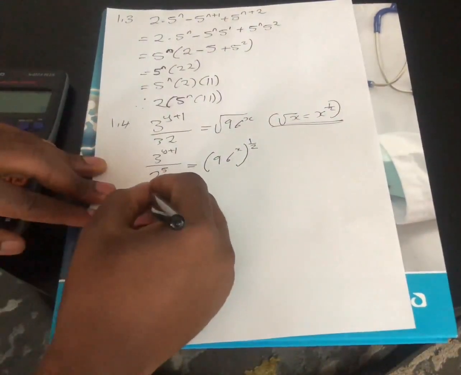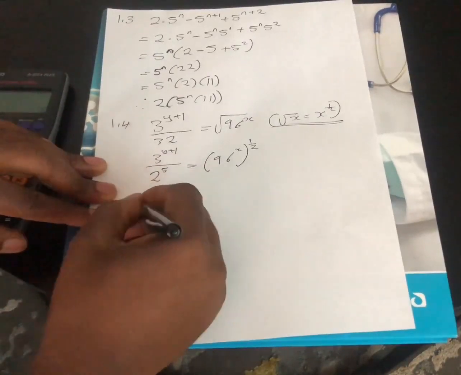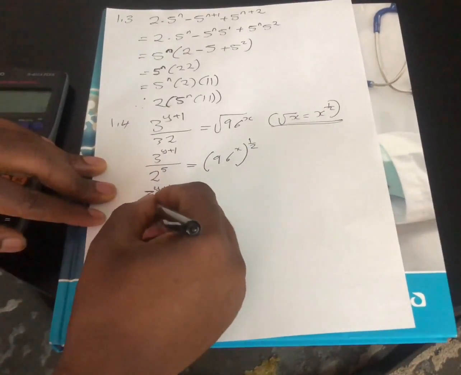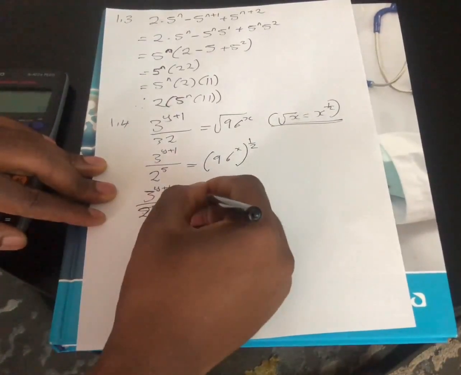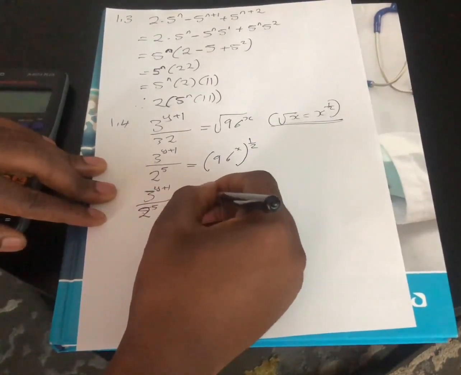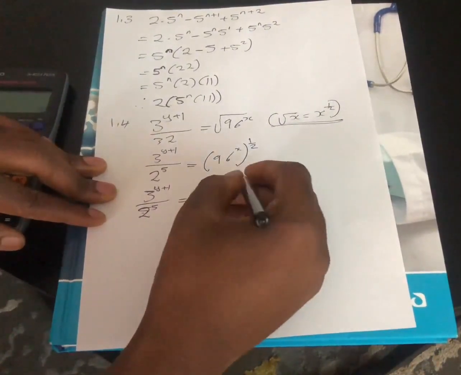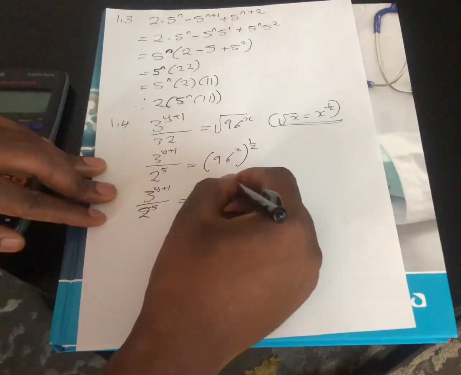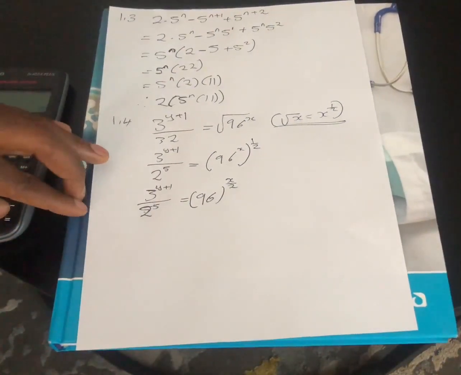We can further change that one to become 2 to the power 5 is equal to 96 to the power x over 2. We can change that one to become x over 2.